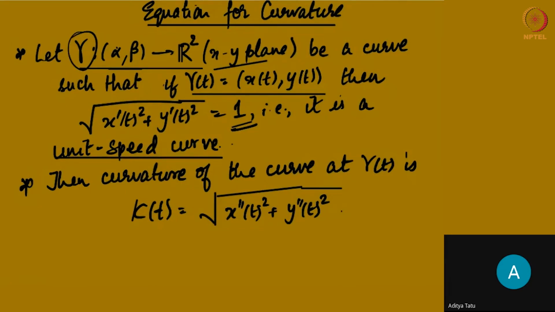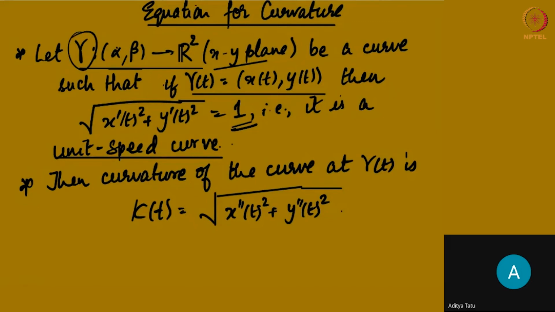Constant can be any arbitrary number, but just as a convention, we always use the speed as 1. So for all points and at all times, the point is moving with the same speed of 1 unit.